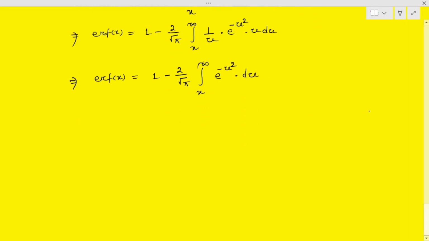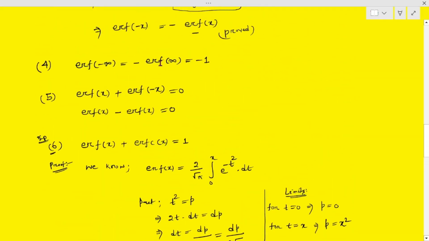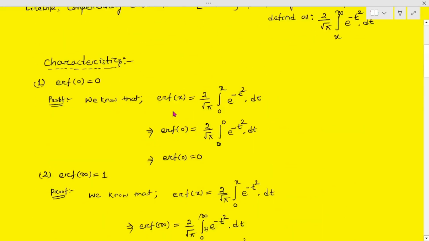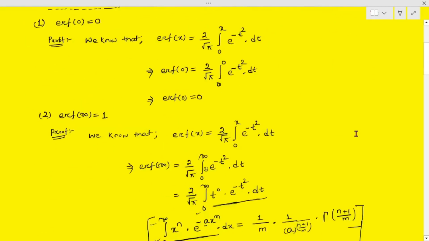So instead of u we can write t itself. So e to the power minus t square dt also we can write. So here this integral, if I write like this, 2 by root pi, x to infinity, e to the minus t square dt, because u is a dummy symbol, this is nothing but the complementary error function of x. Initially we wrote 2 by root pi, x to infinity, e to the minus t square dt.